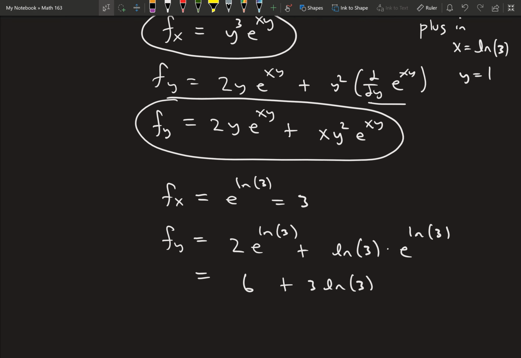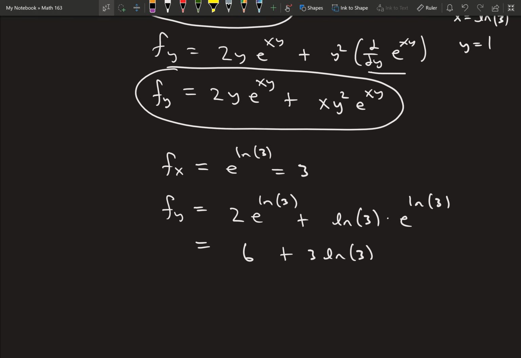Okay, and so what's going to happen here is we're going to get the following equation of the tangent plane.